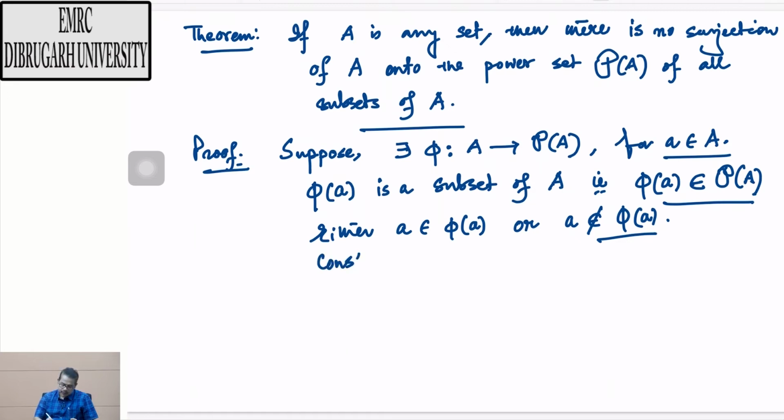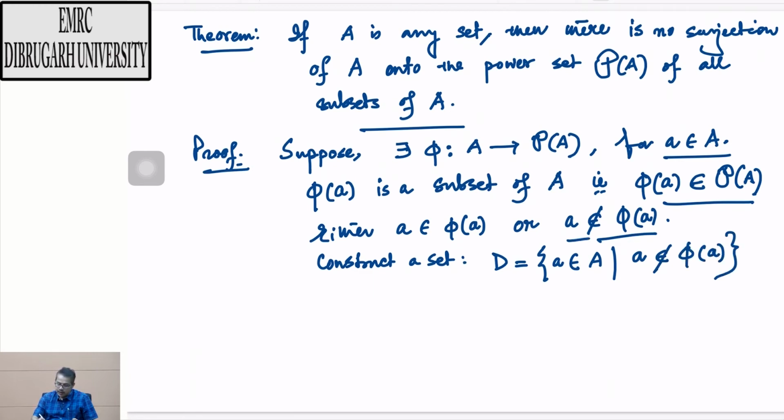Construct a set D. What is D? D is the set of all elements a from A such that a does not belong to phi of a.